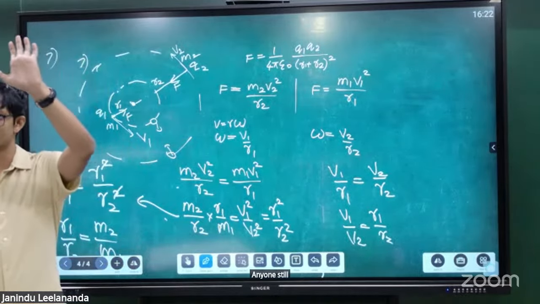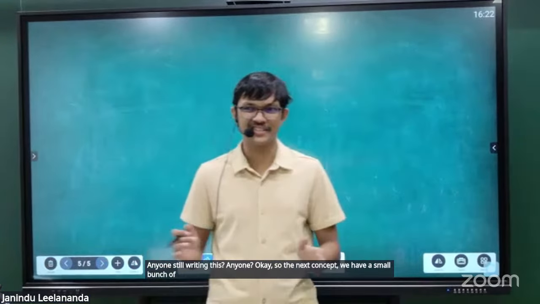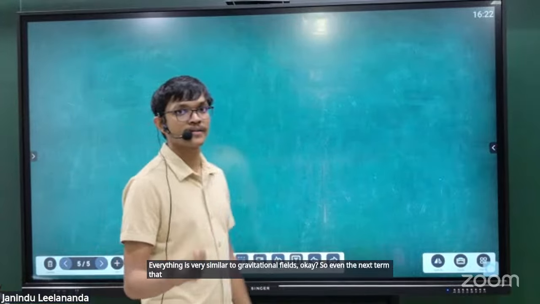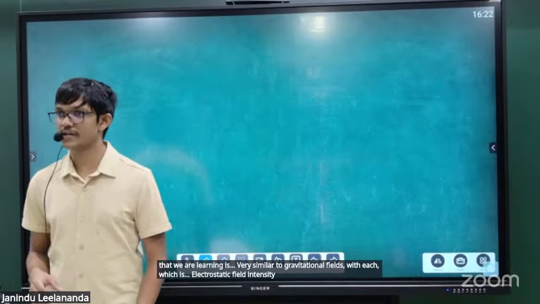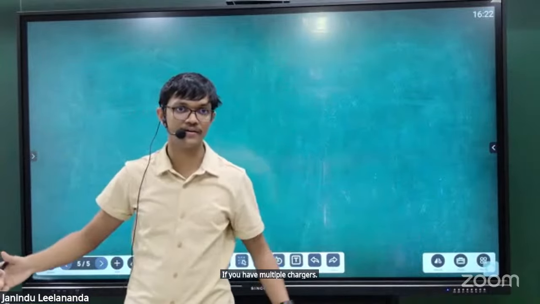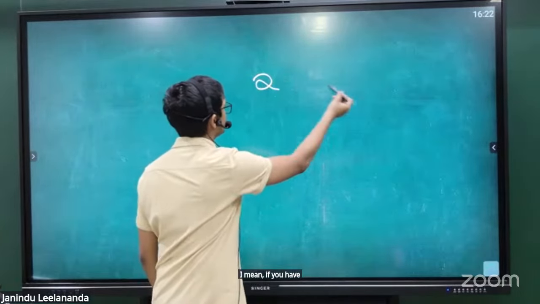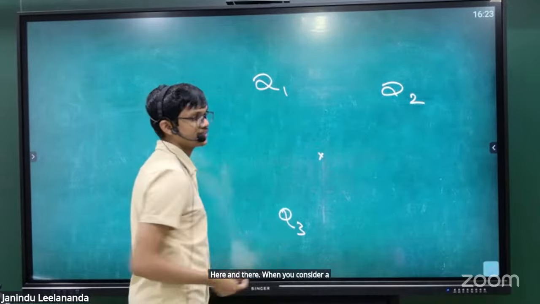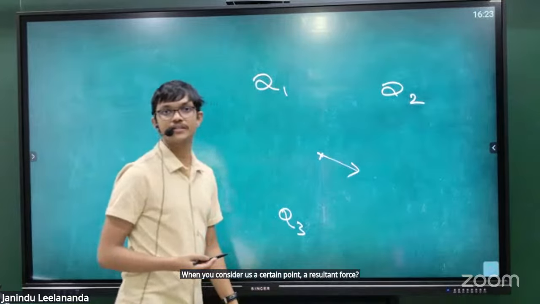Anyone still writing this? Okay. So the next concept, we have a small bunch of concepts like these, and everything is very similar to gravitational fields. Even the next term that we are learning is very similar to gravitational fields, which is electrostatic field intensity. That means if you have multiple charges here and there, when you consider a certain point, a resultant force will be acting on that thing, right?